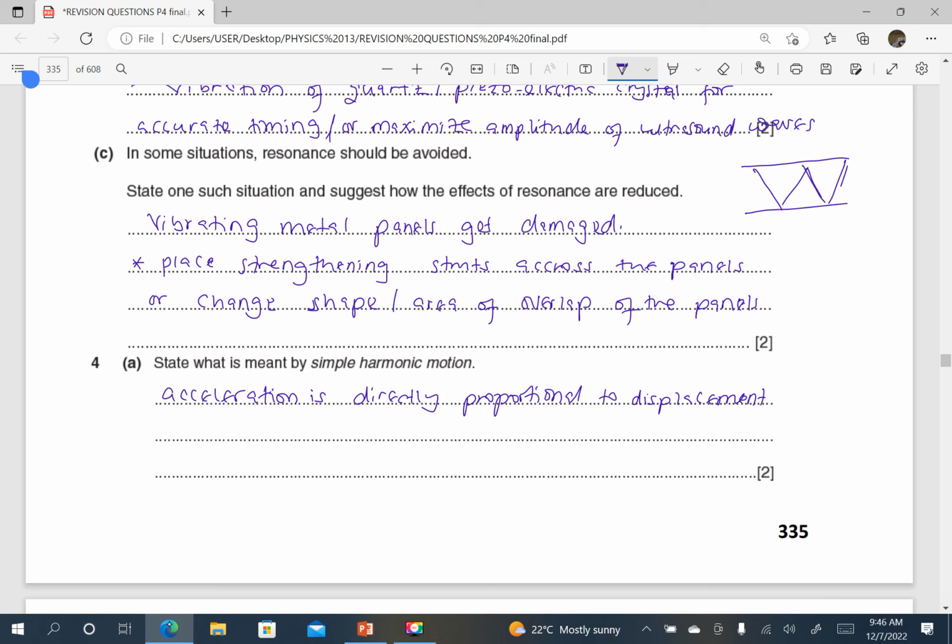Acceleration and displacement are always in opposite directions. Or you can say acceleration is always towards a fixed point. By the way, this fixed point is the equilibrium position.